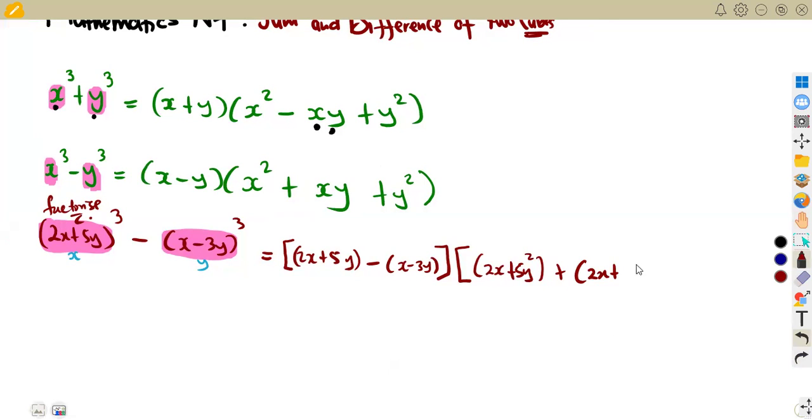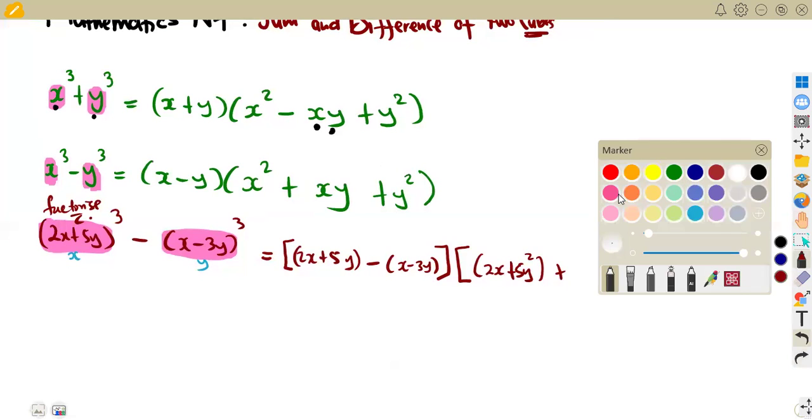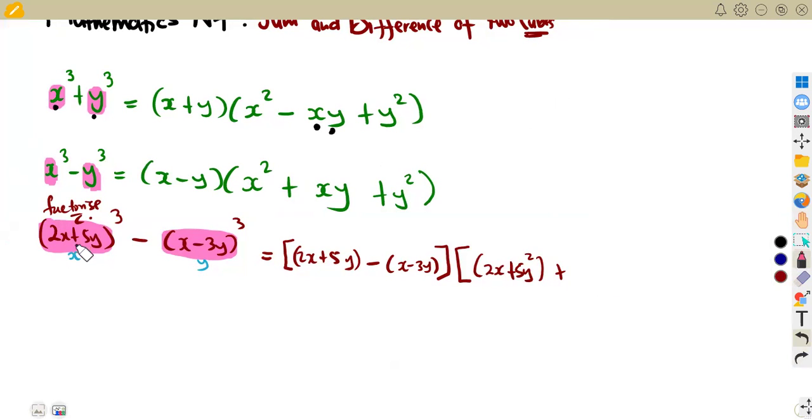In most cases, they want you to simplify this to be a single expression. For you to be safe, they want you to expand this. So let me just write it here. The first term, 2x + 5y, times the last term, x - 3y.